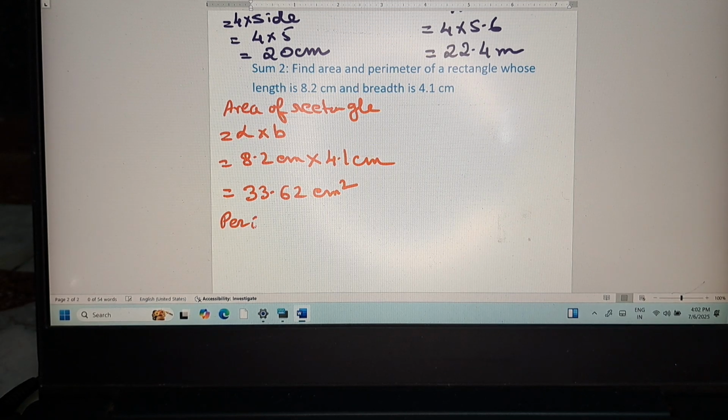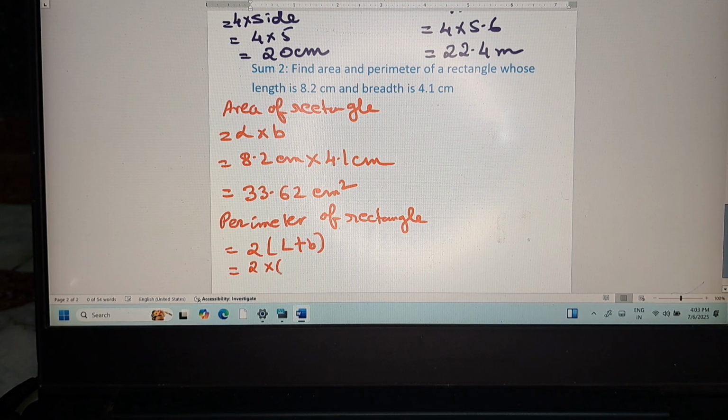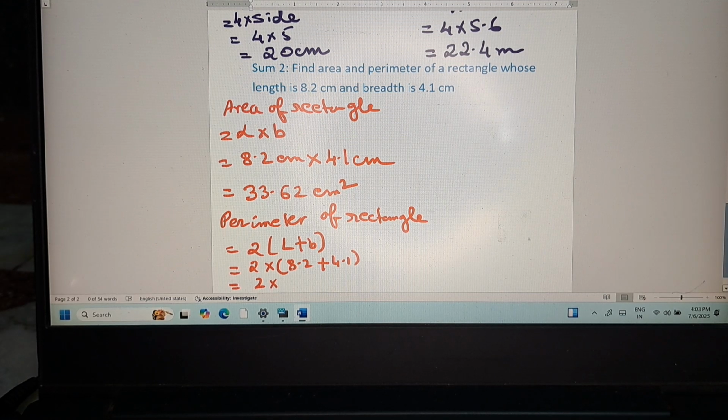Followed by the perimeter. Perimeter of a rectangle, we know, is 2 into length plus breadth. Here 2 into, length is 8.2 plus 4.1. First we need to add 8.2 plus 4.1, and you will get 12.3.